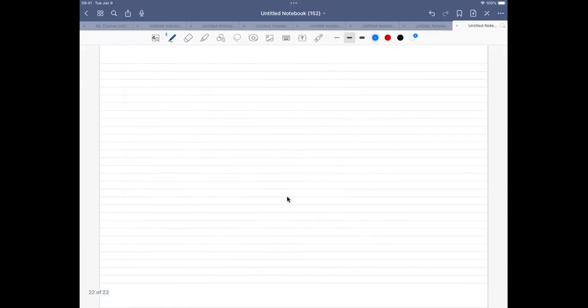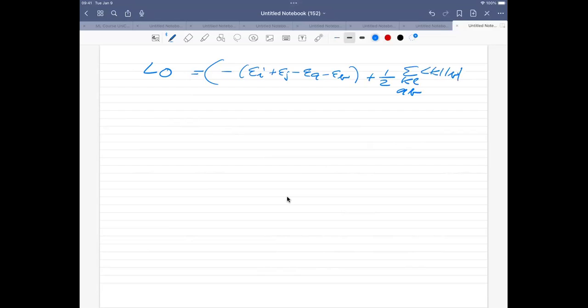So if you look at the type of contractions we get, this L0 is simply going to contain minus epsilon i plus epsilon j minus epsilon a minus epsilon b, and then a plus 1/2, and a sum over KL AB, and a sum KL V of KL.